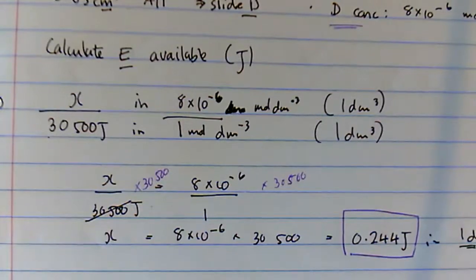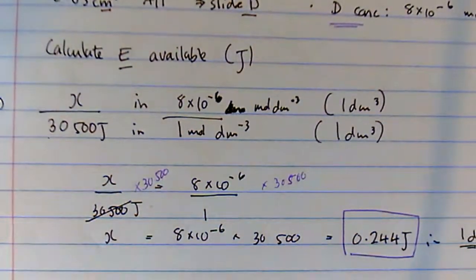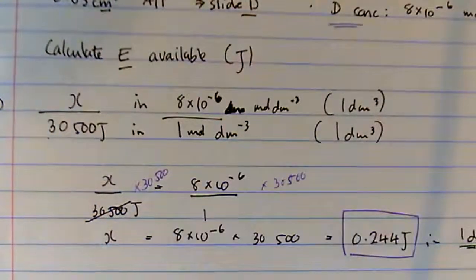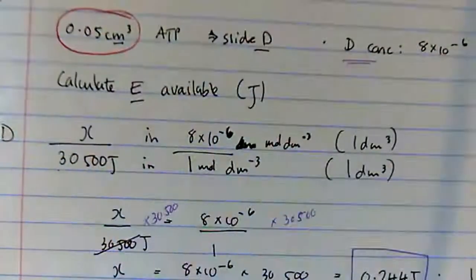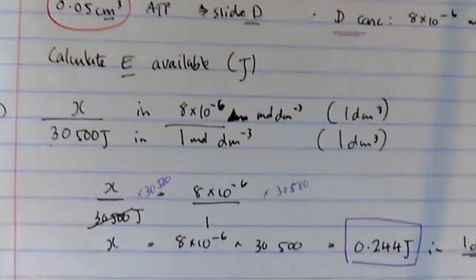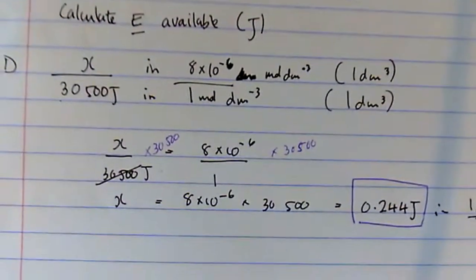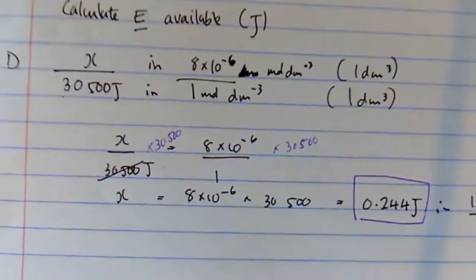Okay, in 1 litre. But they don't want it in 1. We're not talking about 1 litre. We're talking about, if we go back up here, can you see? No, you can't see that, so I'll just get up a tiny bit. We are looking at 0.05 centimeters cubed. So now we've got to convert that to centimeters cubed.